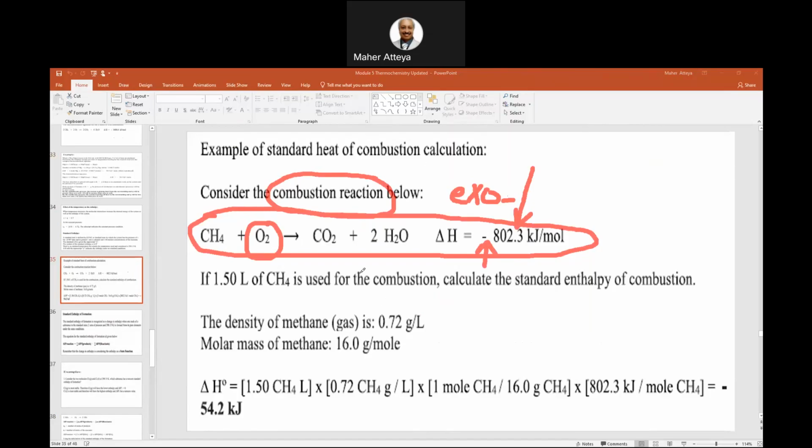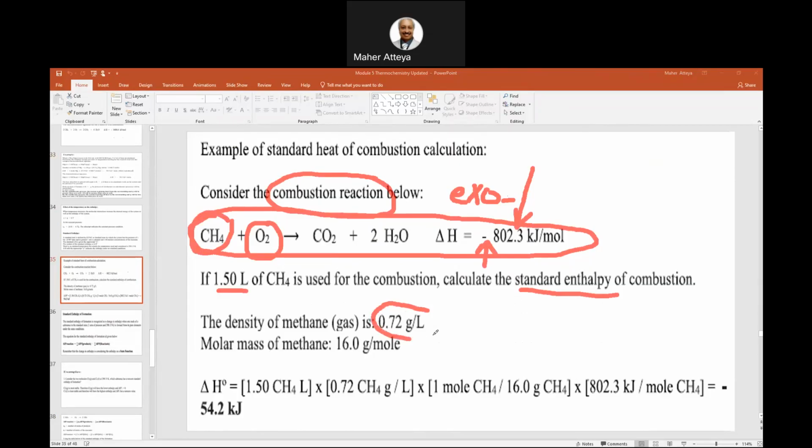So now for this, if you use your natural gas, which we are using at home, if you use 1.5 liters of methane for the combustion, calculate the standard enthalpy. The standard enthalpy is where the pressure is 1 and the temperature is 298 Kelvin or 25 degrees Celsius.